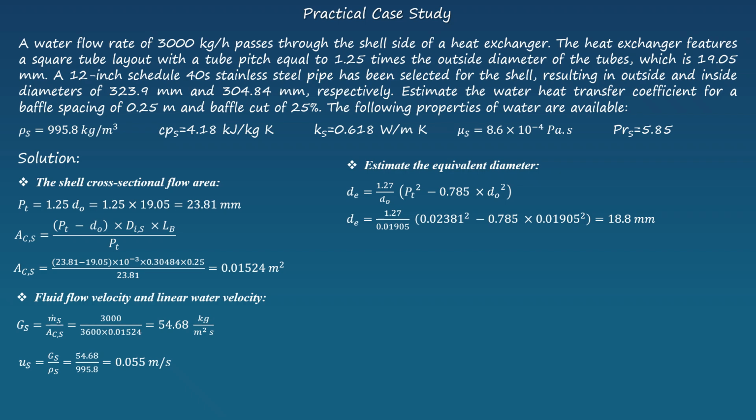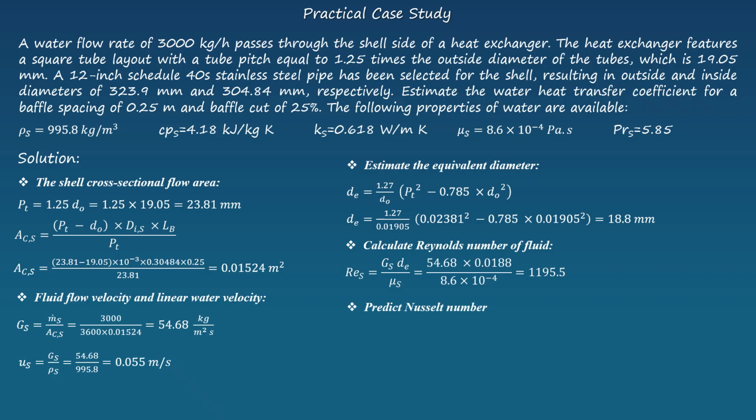That is the equivalent diameter of the flow area, and that will lead to a Reynolds number, depending on the properties and physical dimension of the equivalent diameter, to be 1195.5.